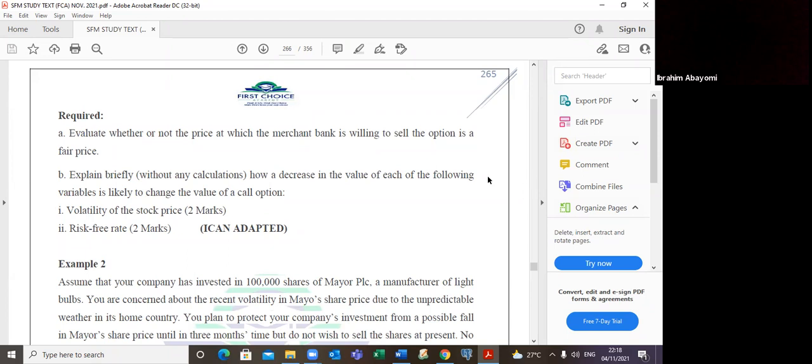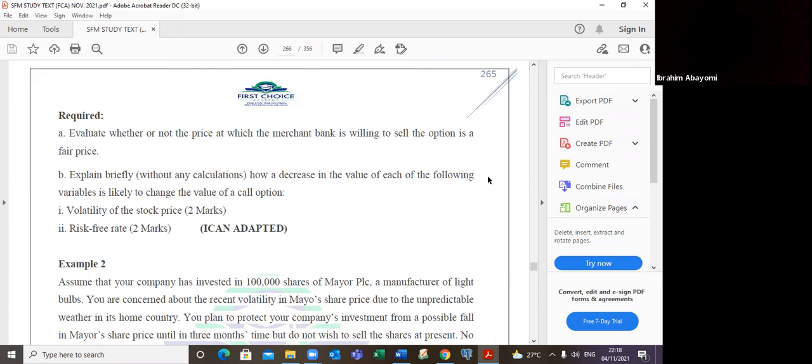Requirement B requires that we explain briefly, without any calculation, how a decrease in the value of each of the following variables is likely to change the value of a call option.